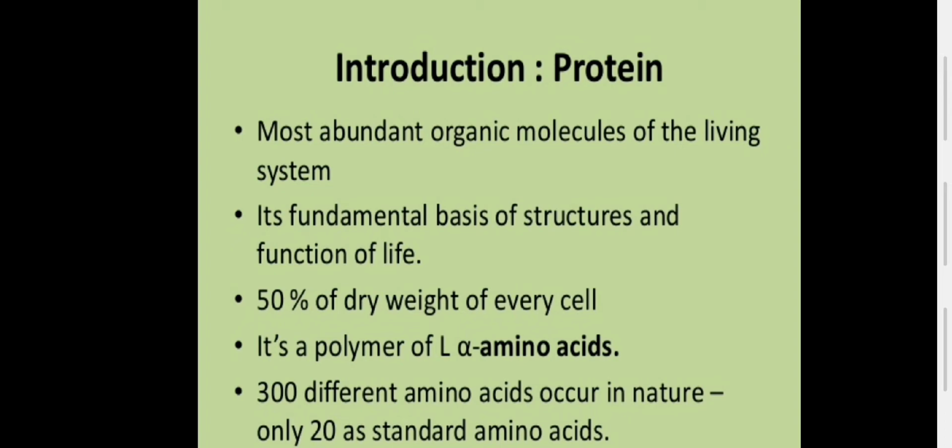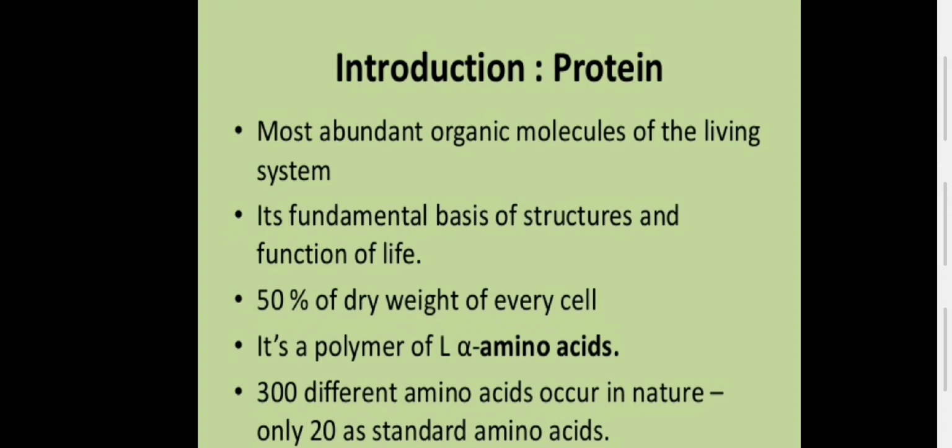It is also evaluated that protein is 50% of the dry weight of every cell. Aside from that, it is also said that it is a polymer of L-alpha amino acids. When we say L-alpha amino acid, it is a crystalline acid or stands for lysergic acid.